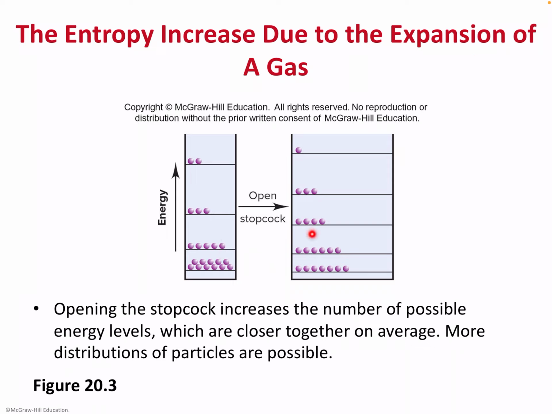Here you have 1, 2, 3, 4, 5 microstates. Here the atoms in the gas particles are more close. Now it is more dispersed. Increased number of microstates. Opening the stopcock increases the number of possible energy levels, which are closer together on average. More distributions of particles are possible.